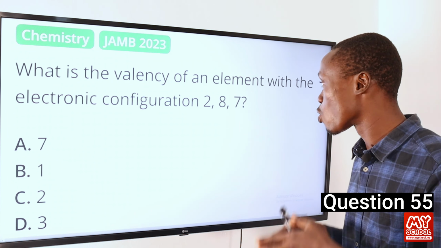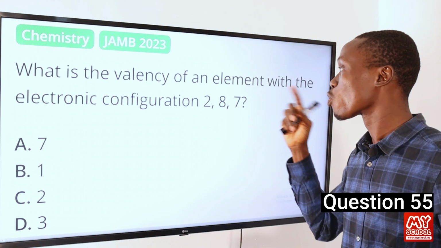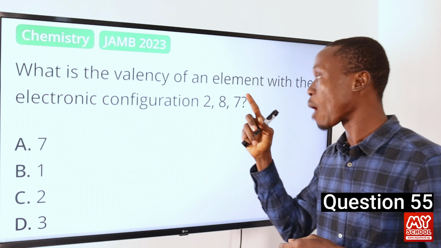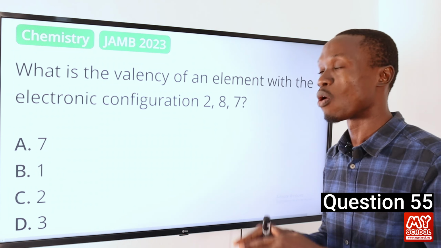In order for chlorine to obtain the octet electron configuration, chlorine will need to accept 1 more electron, so that the number of electrons on its outermost shell will be what?